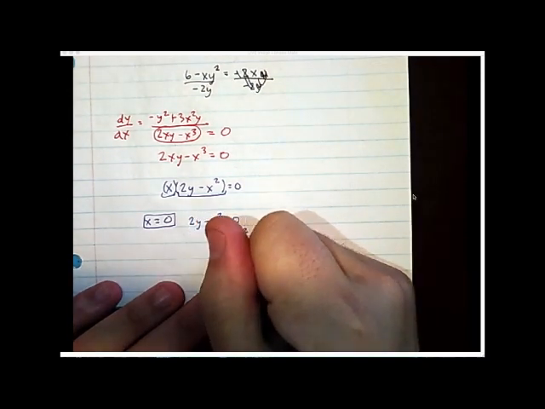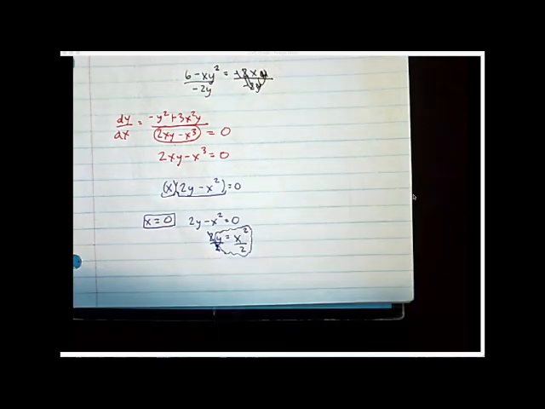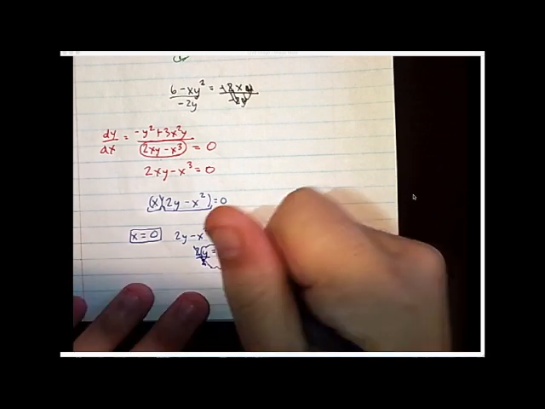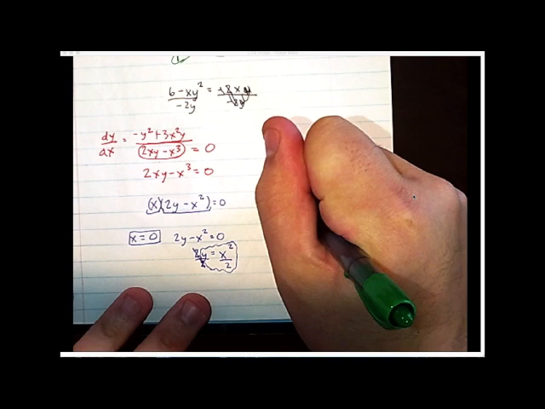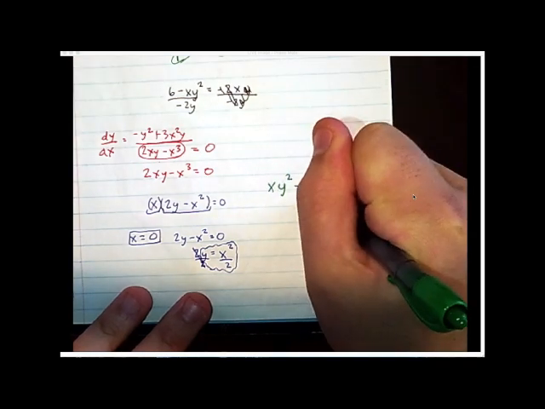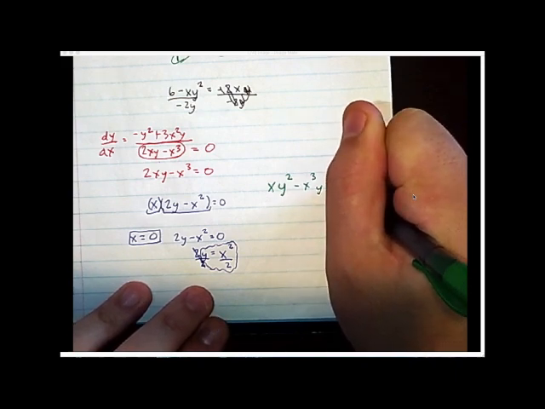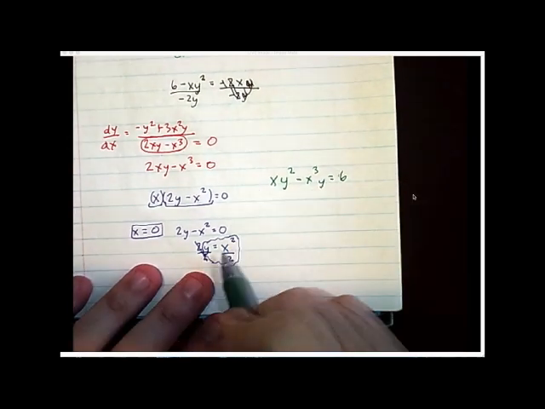To figure out what the actual value is, now I have to stick this thing back into the original equation. So what was the original equation? This was the original equation: xy squared minus x cubed y equals 6. So everywhere I see a y, I'm going to plug in this thing.